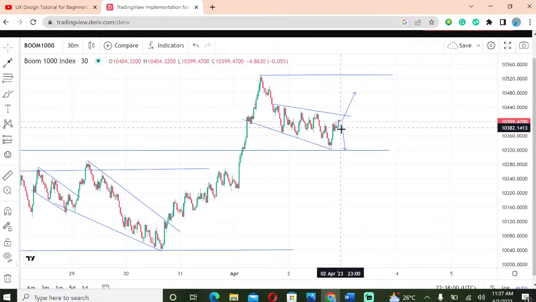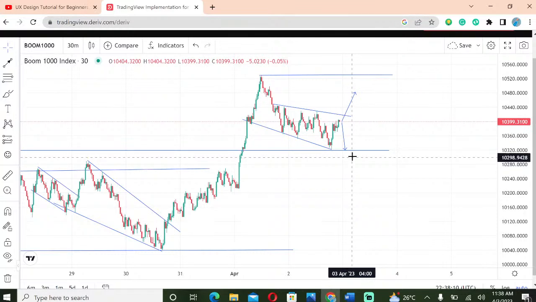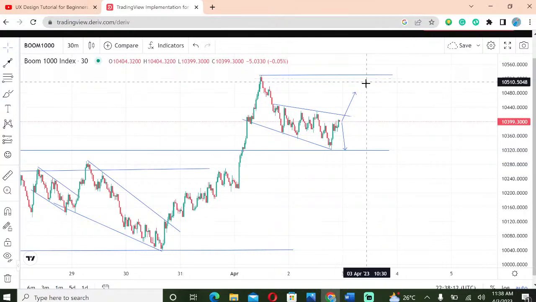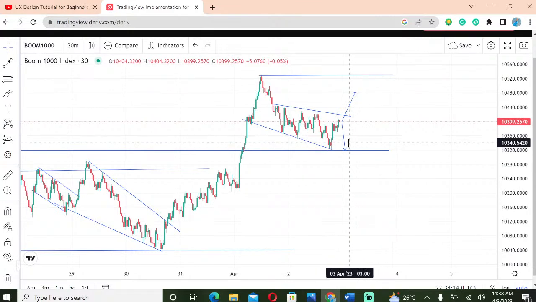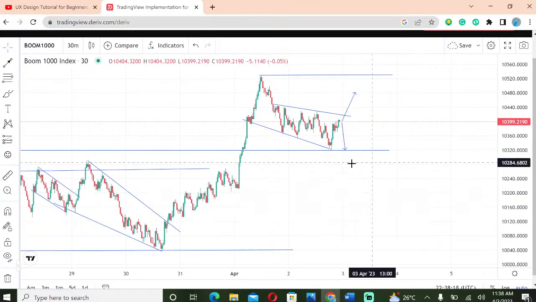If it moves back to the support level, it means we are still going to wait for it to respect this particular zone. If there's no breakout here, then we know that the market is still going on an uptrend. But if there's any breakout here, we know that the market is coming down to this particular area.